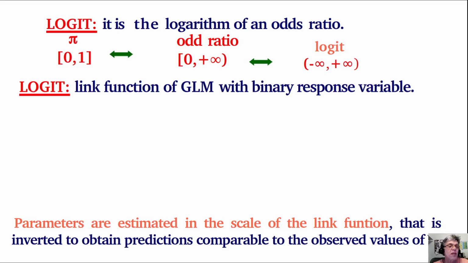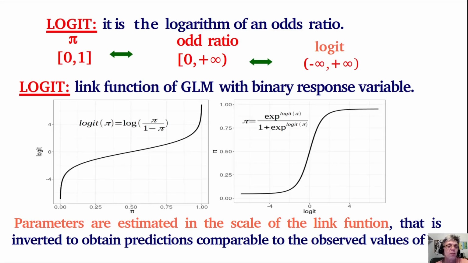as a special case of the large table that we saw in the previous video for the general presentation of the GLM. So the logit link function, this shows the logit link function as a function of the probability of success.